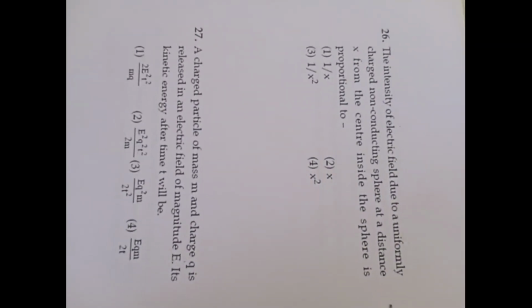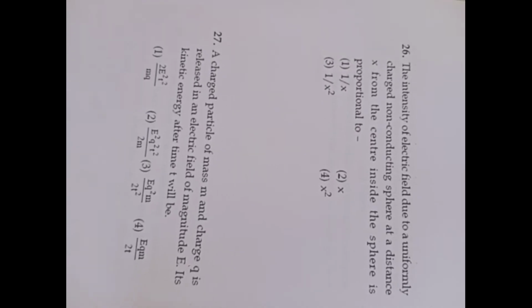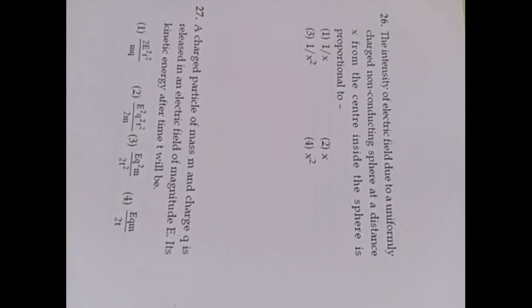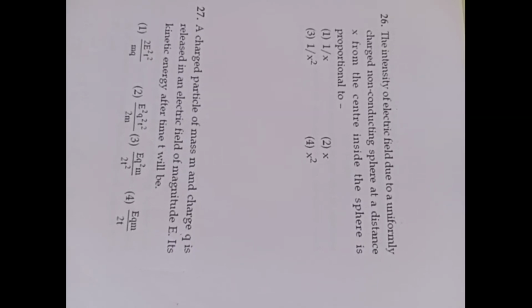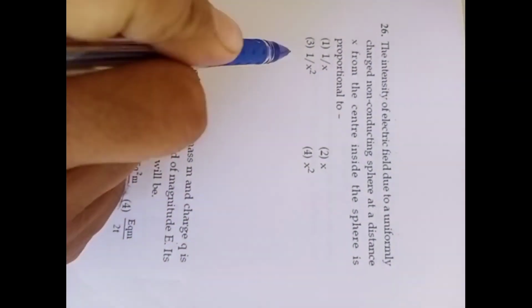26. What they are asking, see. The intensity of electric field due to a uniformly charged non-conducting sphere at a distance x from the center inside the sphere is proportional to. So there is a sphere.